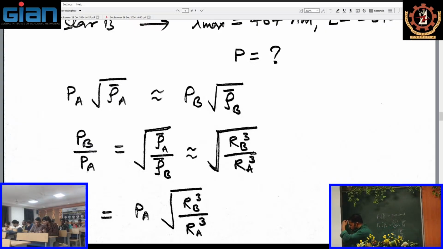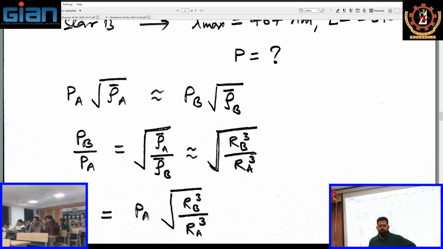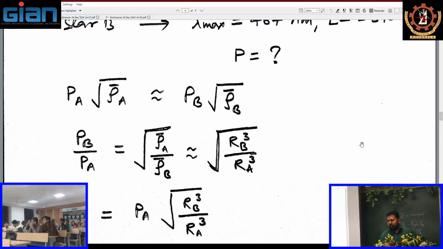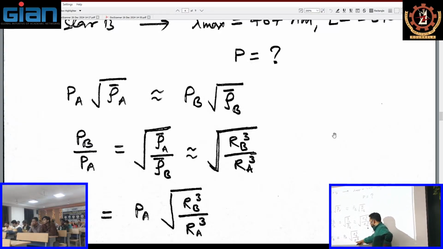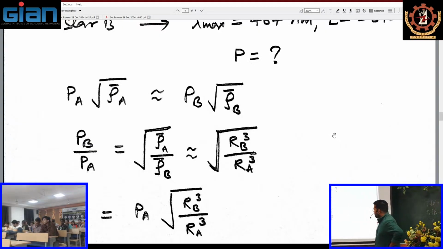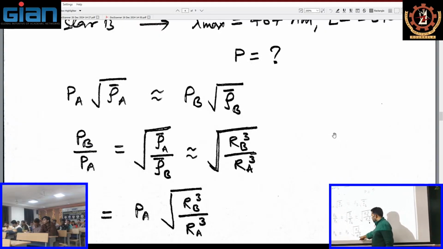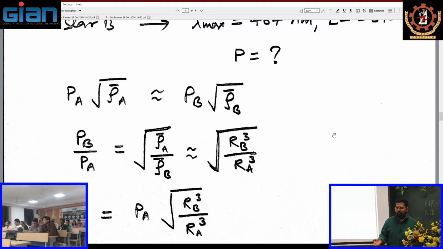Remember that for this given example, we have considered the same mass for these two stars, star A and star B. Knowing that they have the same mass, if you know what RB and RA are, immediately you will know the period of star B. For star A, we already directly know the radius, but our entire task now is to find out the radius of star B. And you already told me how we find it out.